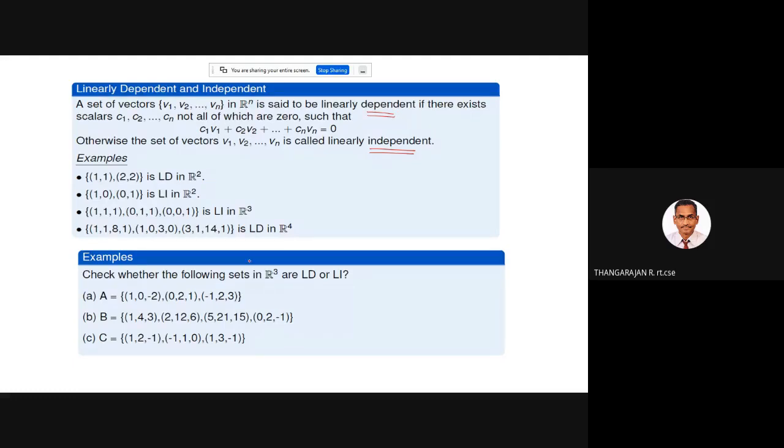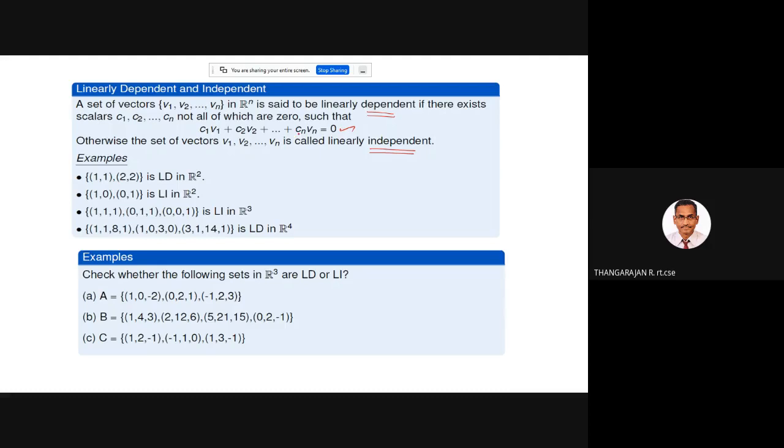So what does it mean to be linearly dependent? The vectors are linearly dependent if there is some constant times v1 plus some constant times v2 plus some constant times vn, and if we add them and they equal 0, given that c1, c2, cn are not all 0.